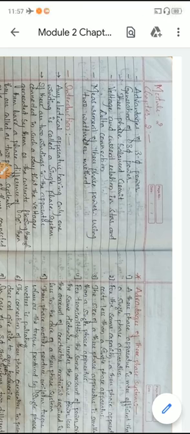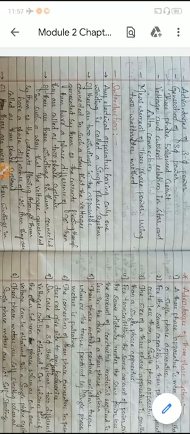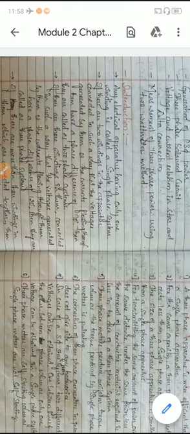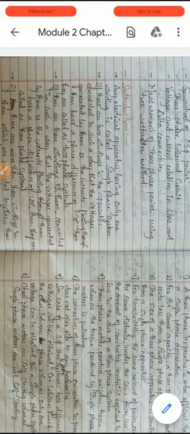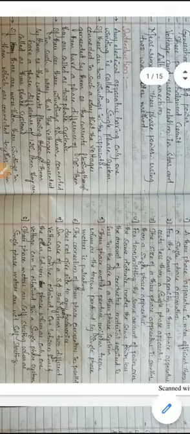Before starting with the advantages of three-phase power, first we will understand what we mean by three-phase power and why we call it three-phase power. In any electrical apparatus, if it has only one winding, then that circuit is called a single-phase system.